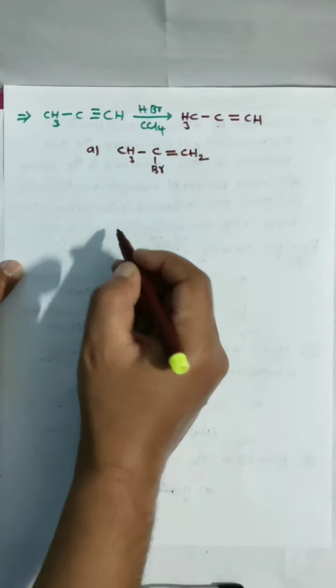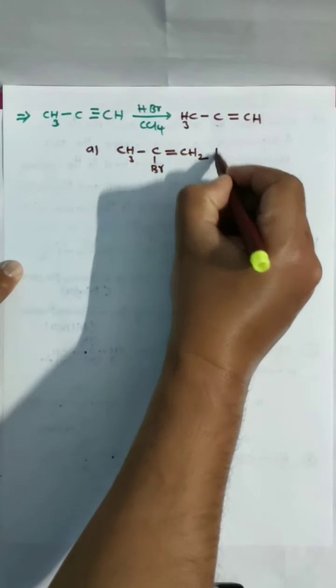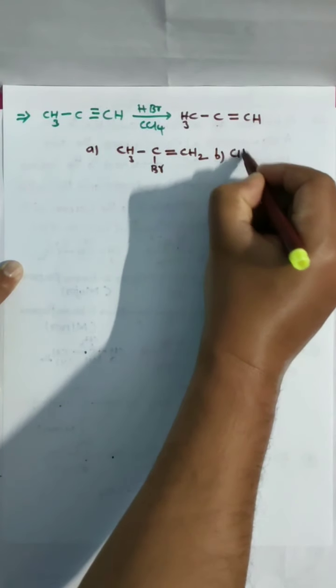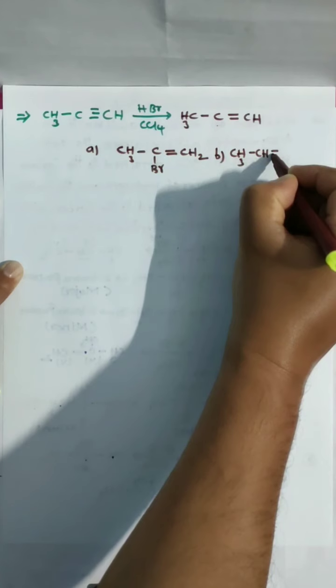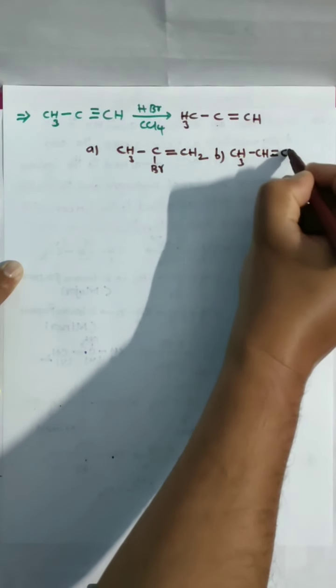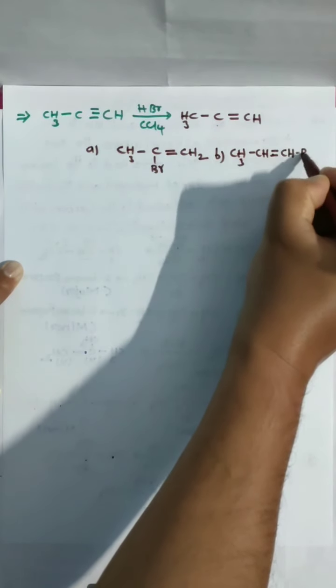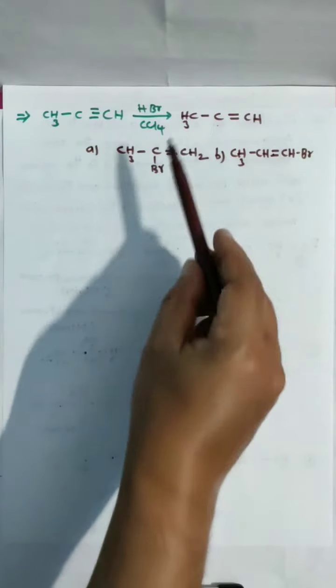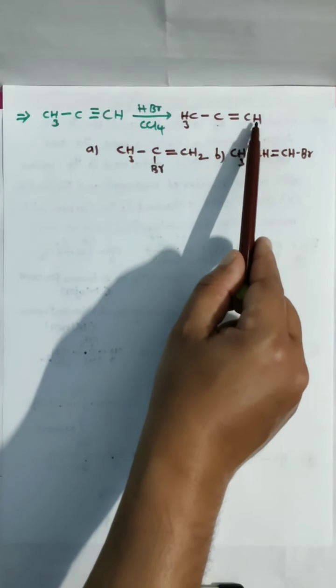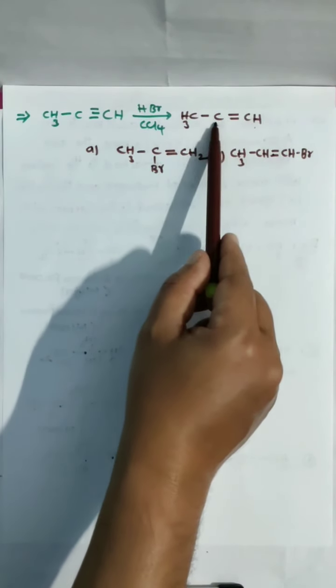And another product you are getting: CH3 bond CH double bond CH Br. Am I right? So one time it will attach bromine here, one time here.